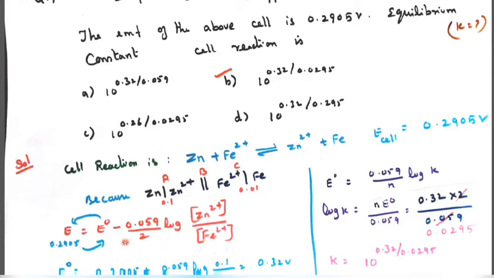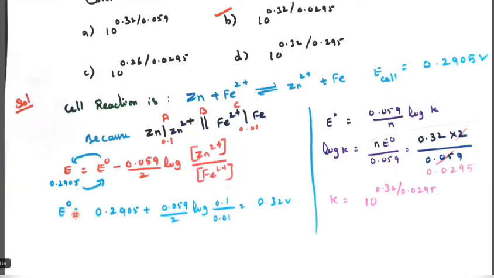When you rearrange this, E naught cell is equal to E cell plus 0.059 by 2 log of Zn2+ concentration 0.1 over Fe2+ concentration 0.01, which comes to 0.32 volt. Let us see this: E naught is equal to 0.059 by n log K. So log K is equal to nE naught divided by 0.059.